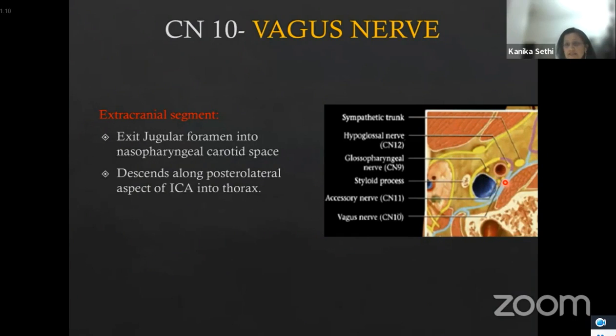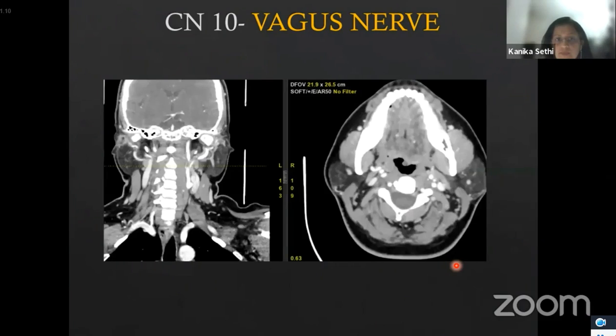So that's the IJV. This is the internal carotid artery. Then you have the vagus nerve, the accessory nerve, as well as the 9th nerve. These are all just posterior. The vagus nerve is just posterior to it. So that's the course.